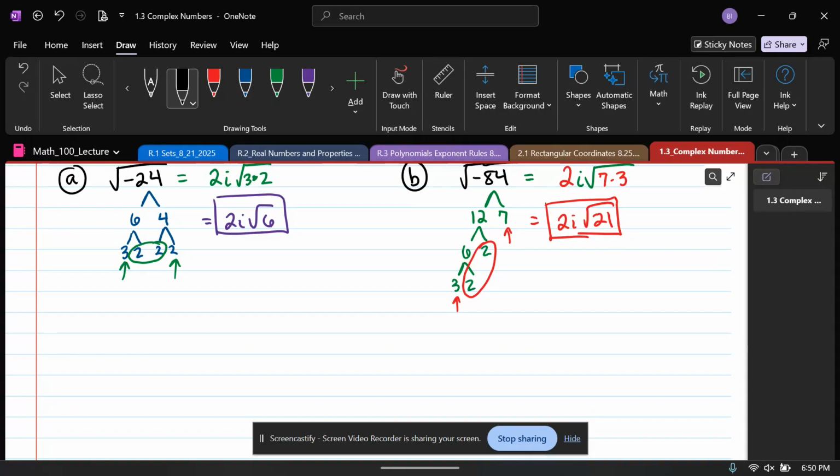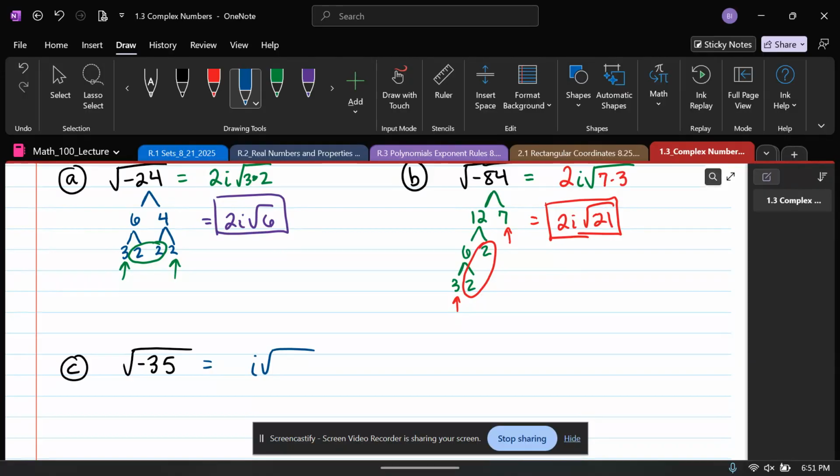Let's say we had the square root of negative 35. That looks like a fun one. Not a big number, but a lot of fun in this one. I like it. So, what do I know is going to come out of the radical? An i. I know that off the bat because it's got the negative inside of there.